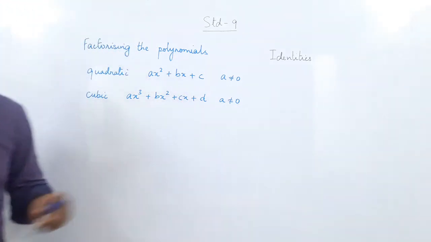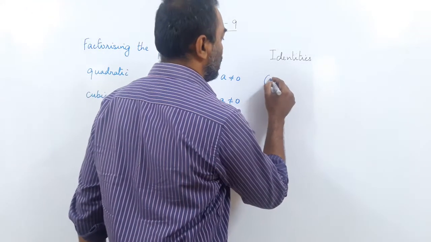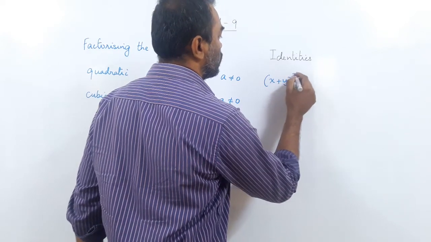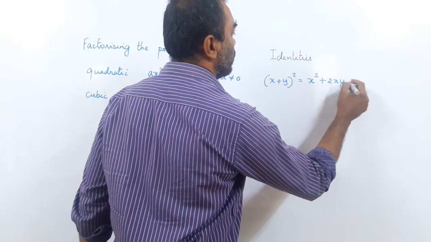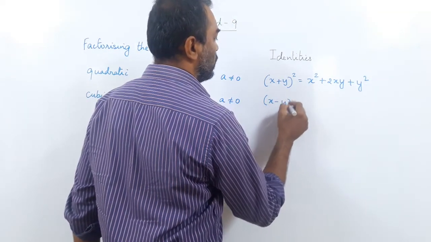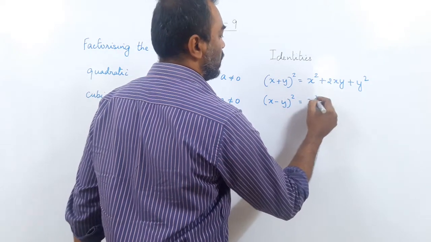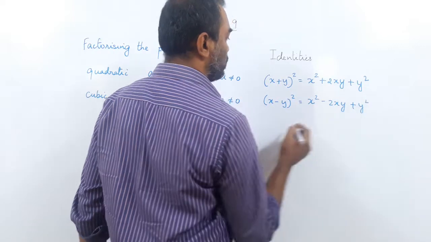So I'll change it and write in the other form. Say x plus y the whole square equals x square plus 2xy plus y square. X minus y the whole square is x square minus 2xy plus y square.